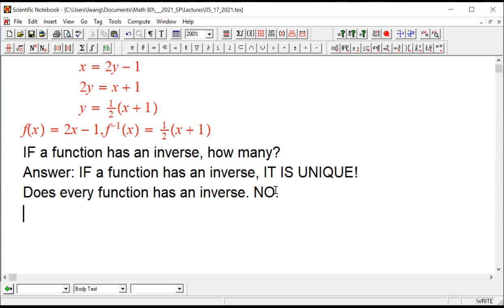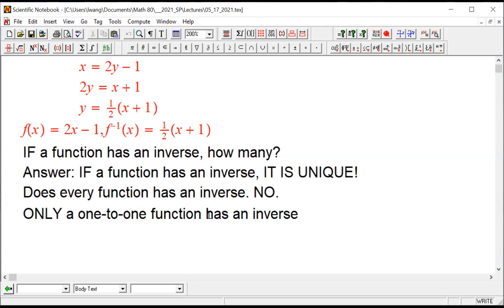Then you ask what kind of function for sure has an inverse and what kind does not. Only a one-to-one function has an inverse. And of course, if it has an inverse, it's unique.